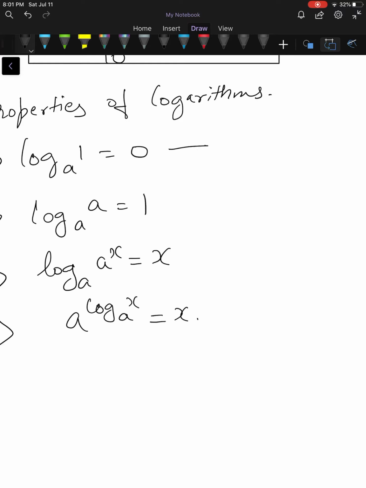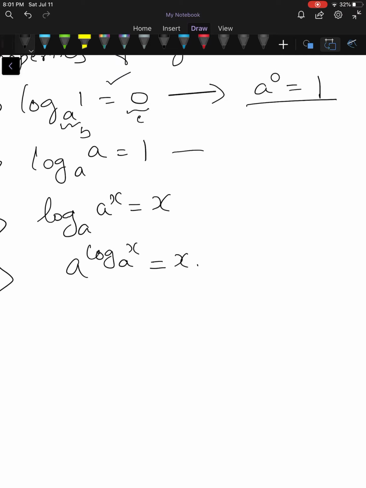So how do we know all these are true? If we express the first one in exponential form, this will be the base and this will be the exponent, right? We know that anything to the power of 0 is 1. So this makes sense. It is definitely true by the definition, correct? And the second one, this is the base and this is the exponent.